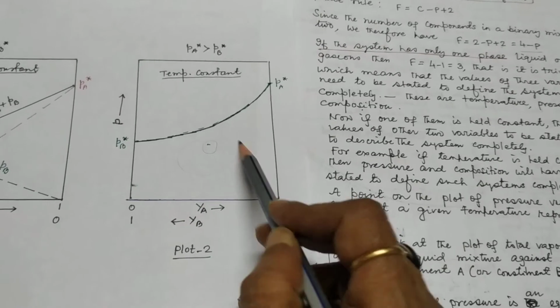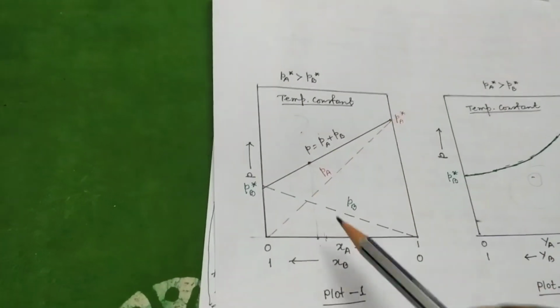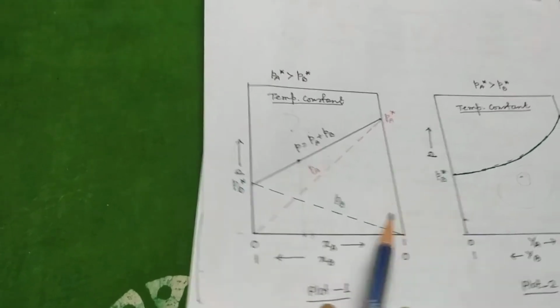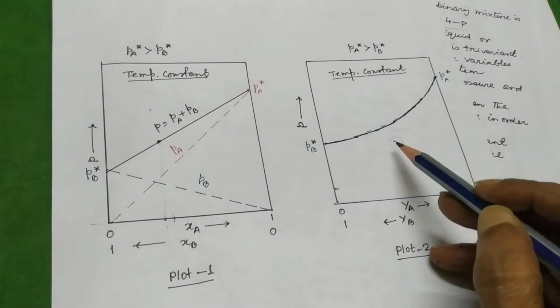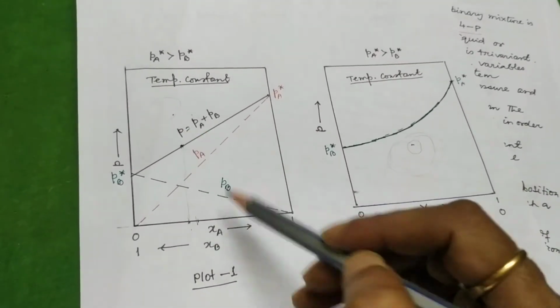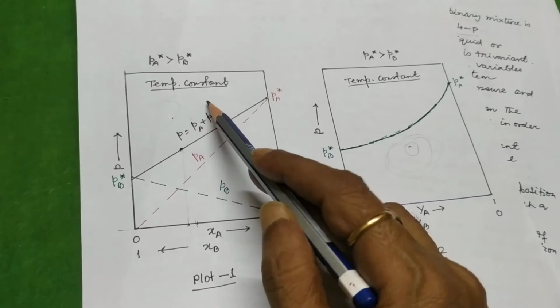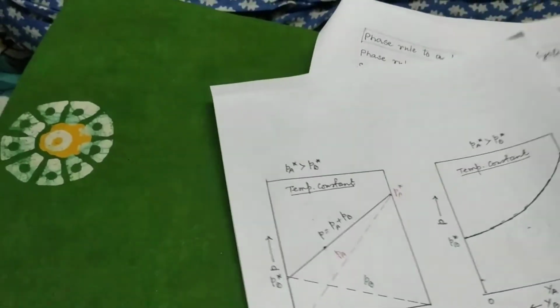So this is in the vapor phase, and this is in the liquid phase. When we are plotting total pressure against XA and when we are plotting total pressure against YA, any point below this line will represent the vapor phase, and any point above this line will represent the liquid phase.